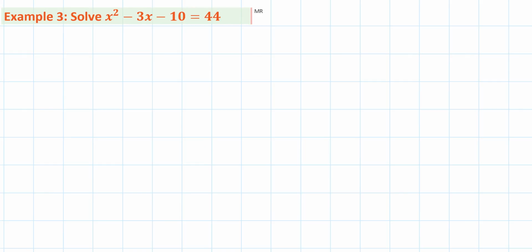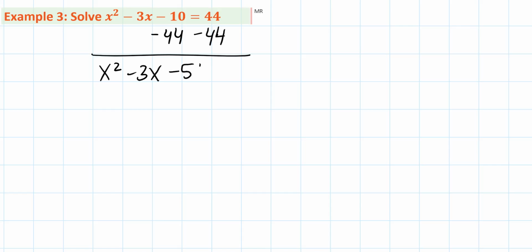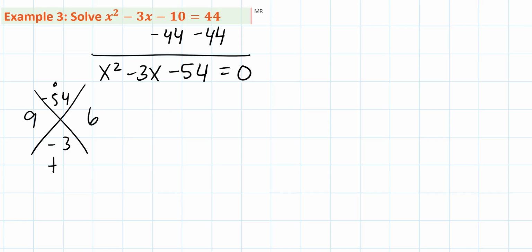So let's get two things to multiply to 0 by moving all the terms to one side of the equation. And then we need this to look like two things being multiplied, so we'll have to factor. Let's see, 9 and 6 are factors. We'll get a negative 3 if the 9 is negative.